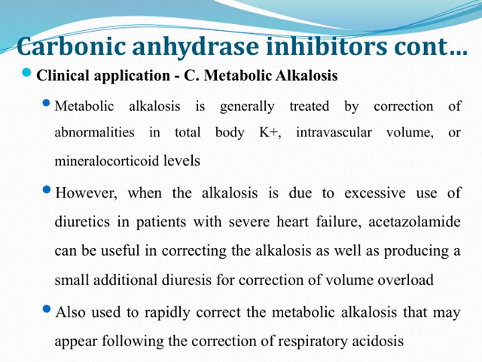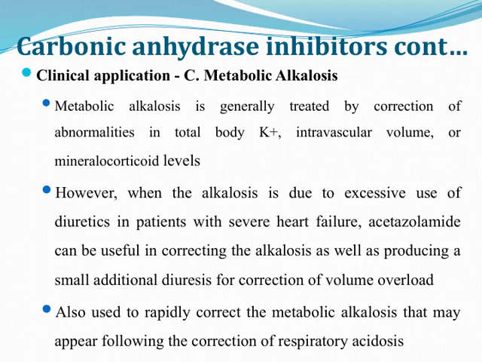For example, in patients with severe heart failure who are on diuretics, excess diuretic use can lead to alkalosis. In these cases, acetazolamide not only helps correct the alkalosis, but also promotes a small amount of additional diuresis, which can aid in correcting volume overload.